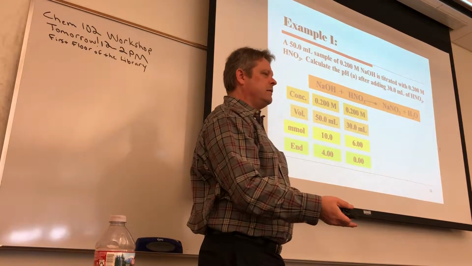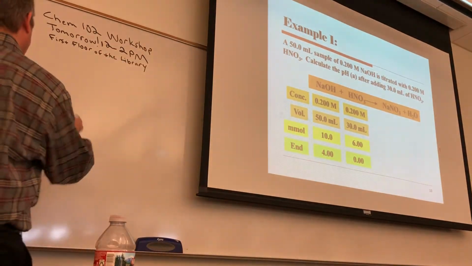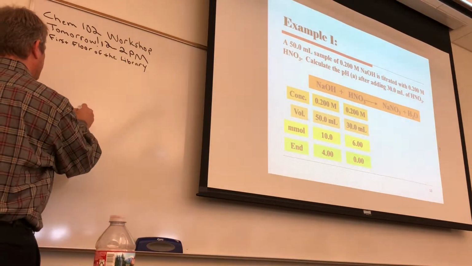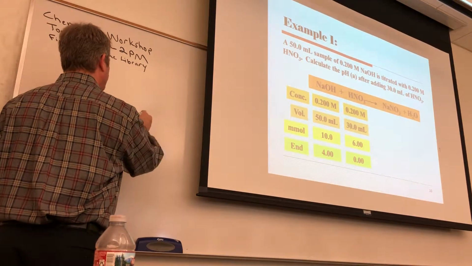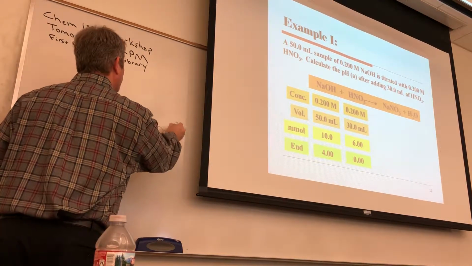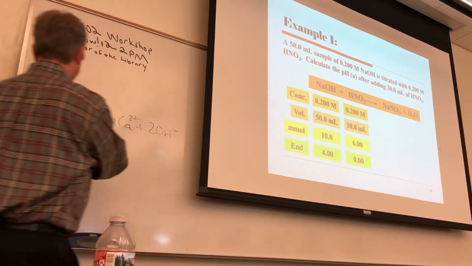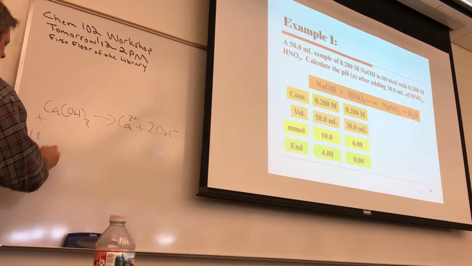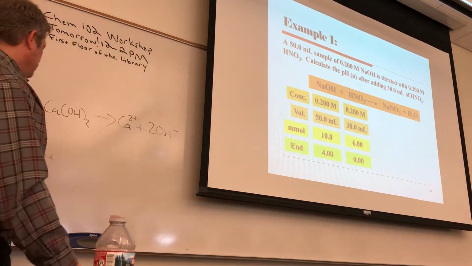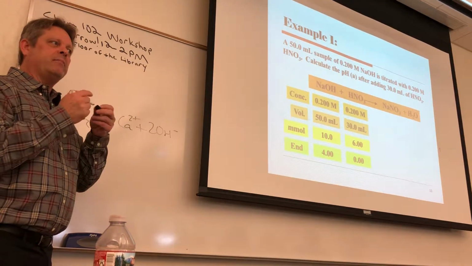For example, and this will come up later, if I have calcium hydroxide, I break that up, what do I get? Calcium 2 plus and 2 hydroxide. So for every hydroxide that I get, if I only had HCl, I'm only getting 1 H plus. So I need 2 of these to match that. That's why the balancing is so important.